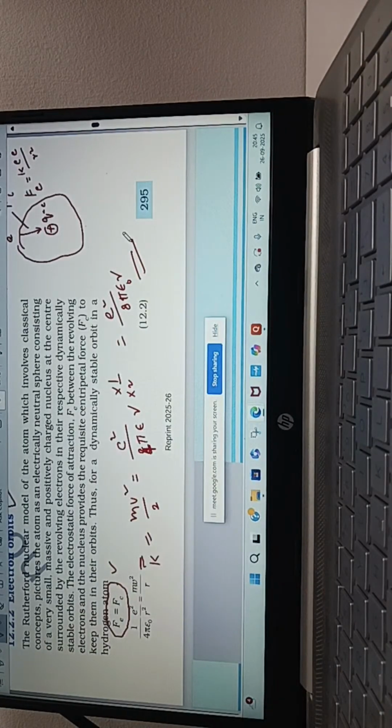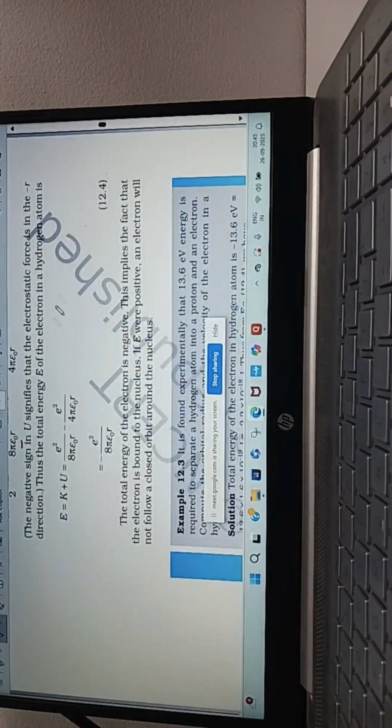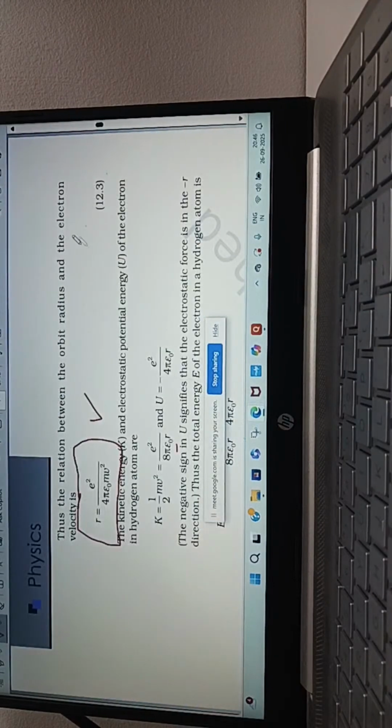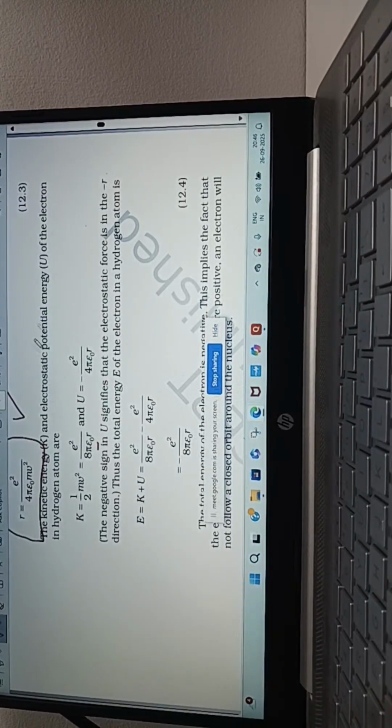Yes, sir. Okay. Then the potential energy between these two. Which two? Proton and electron. They have potential energy. That is the formula we have come across in the second chapter: minus Q1 Q2 divided by 4 pi epsilon naught r.